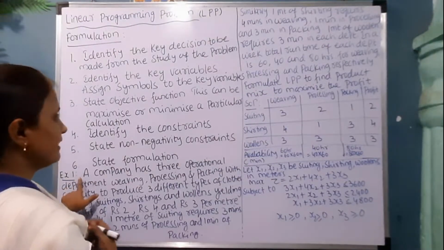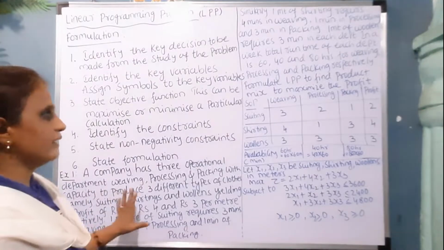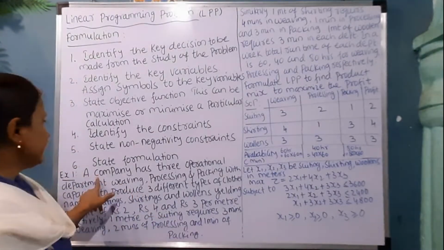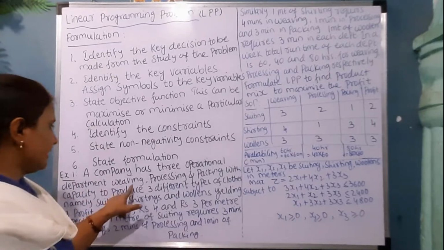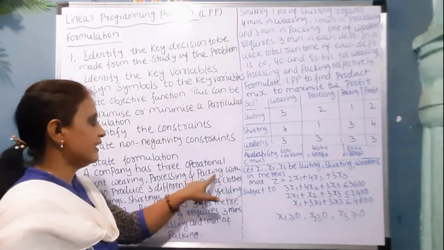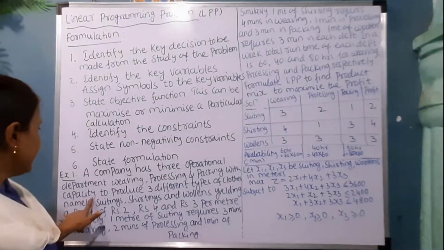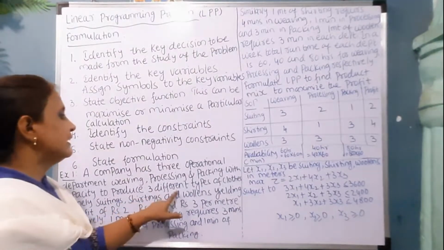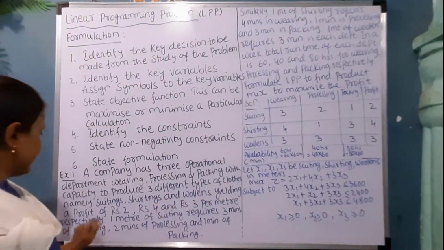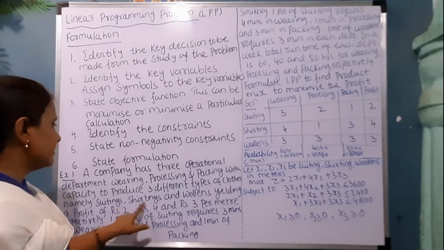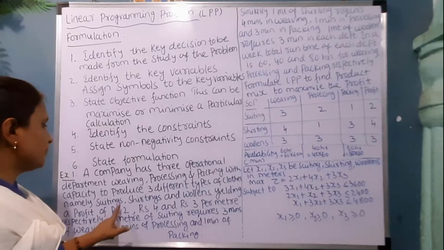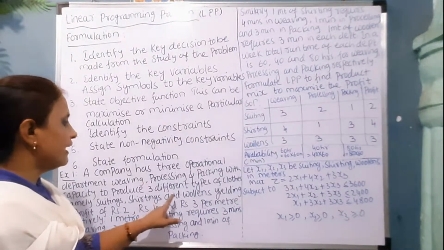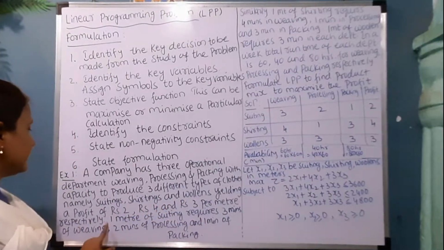So here we have one example. The example is lengthy but an easier one. A company has three operational departments: weaving, processing and packing, with capacity to produce three different types of cloths, namely suitings, shirtings and woolens, yielding a profit of rupees 2, rupees 4 and rupees 3 per minute respectively.